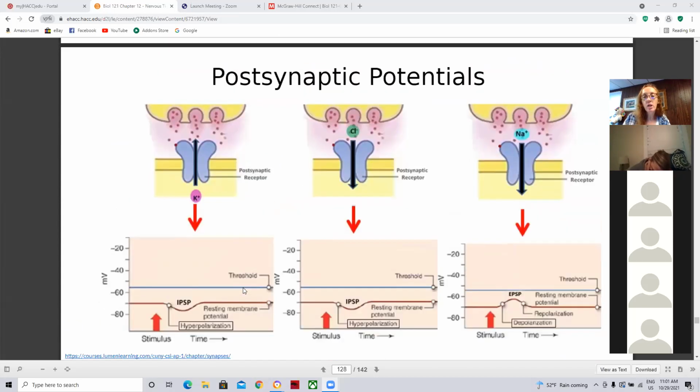So inhibitory postsynaptic potentials are going to create a hyperpolarization. Allowing potassium to leave the cell is going to result in an inhibitory postsynaptic potential.